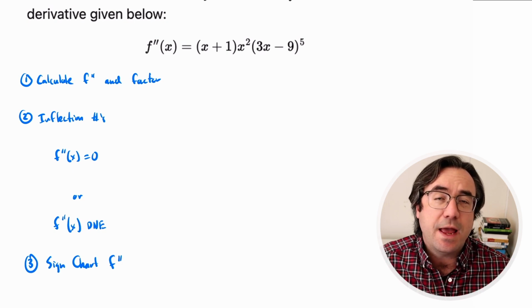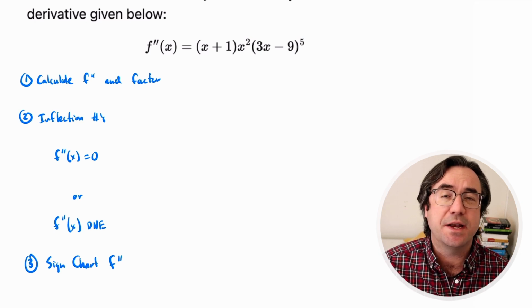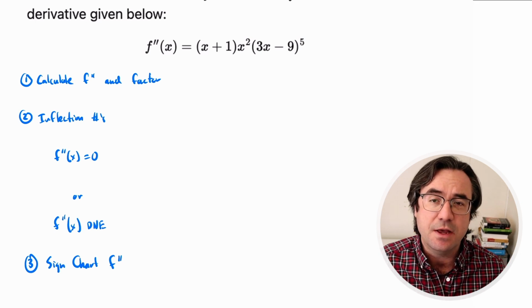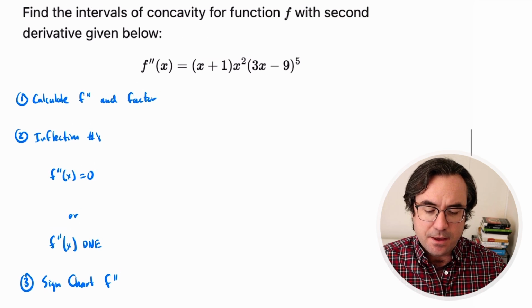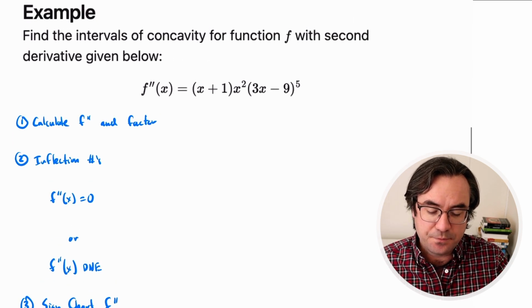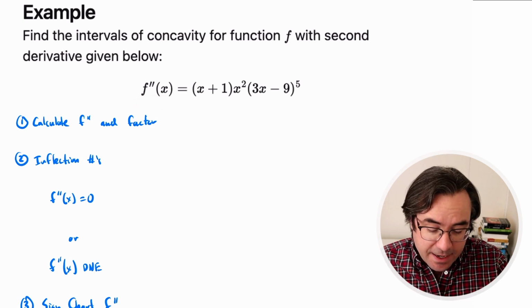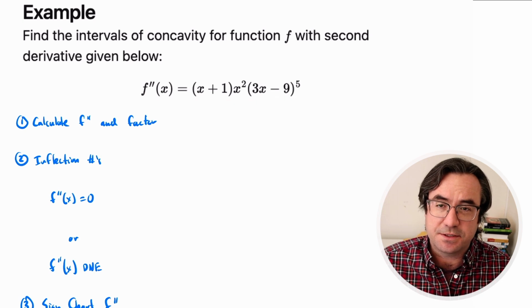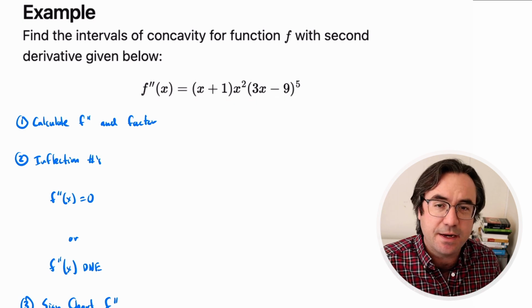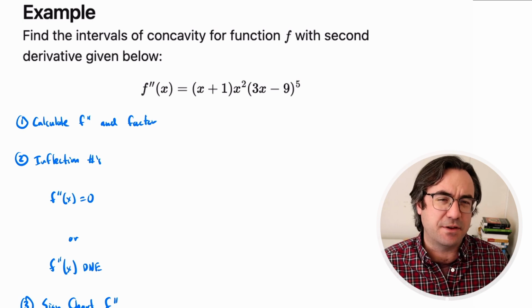In general, if we have a function f and we want to find its intervals of concavity, we need its second derivative. For this example, we're actually given the second derivative, and it's already factored for us. Sometimes we have to calculate it and do all the factoring, the heavy lifting.